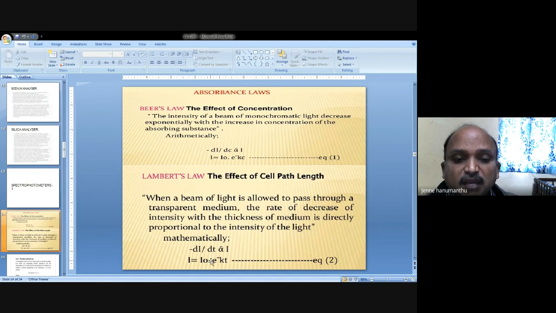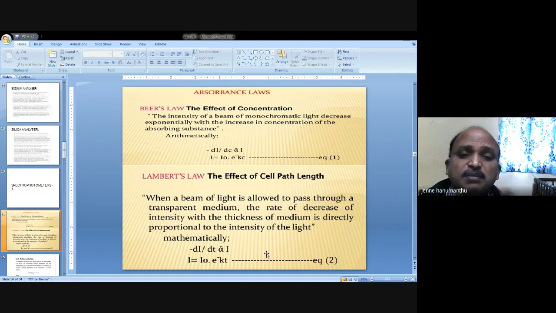It can be written mathematically as I equals I naught times e power minus kt. Here I is the intensity of the transmitted light. What happens here?